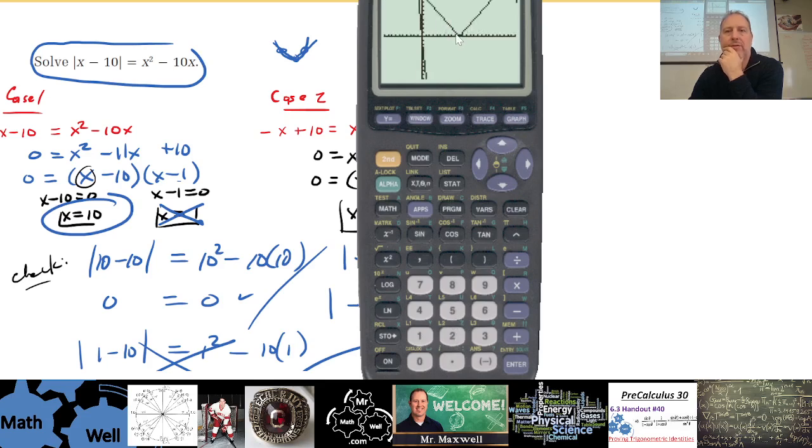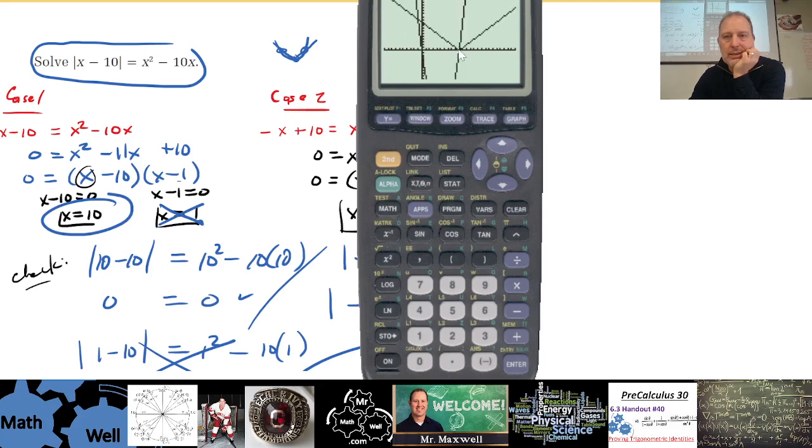Okay, so there's our absolute value of x minus 10, and here we go. Okay, so we have a 10, looks like, over here, and a negative 1. Looks like it's out of screen there. Okay, fine. Y max, 220, and then hopefully we should see it.